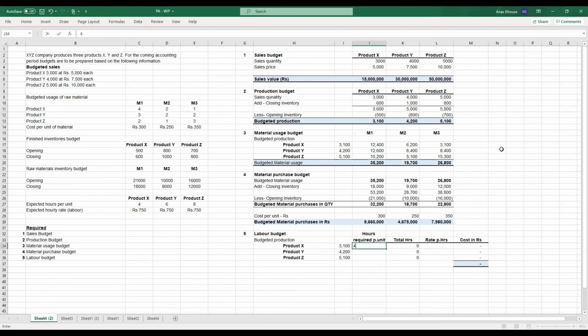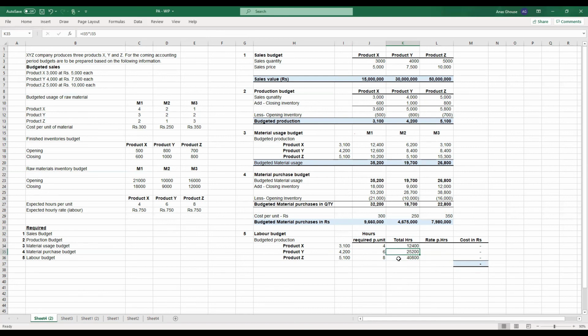So in total you need 12,400 hours to produce 3,100 units. And as far as product Y is concerned, you need 6 hours to produce 4,200. That will be 25,200.